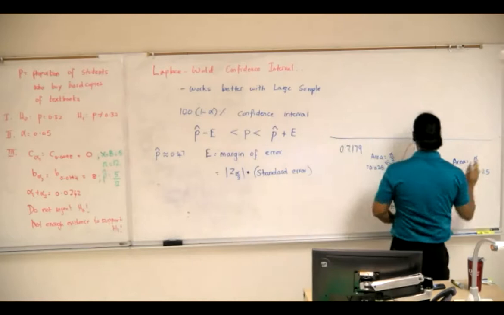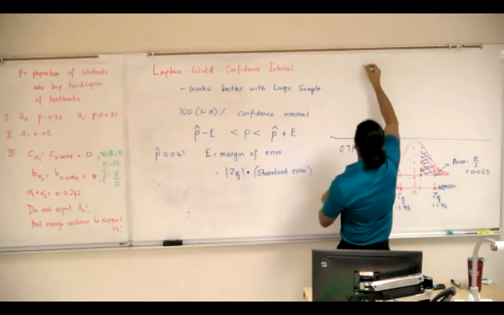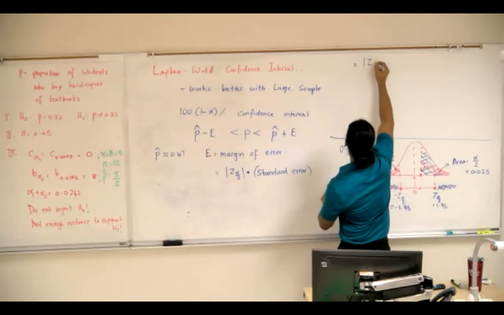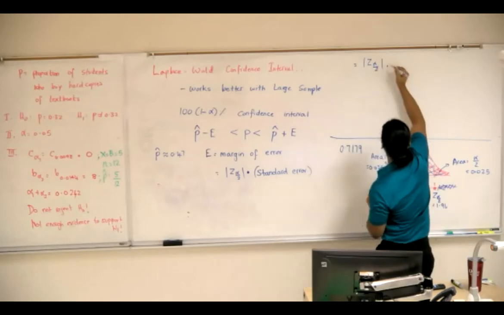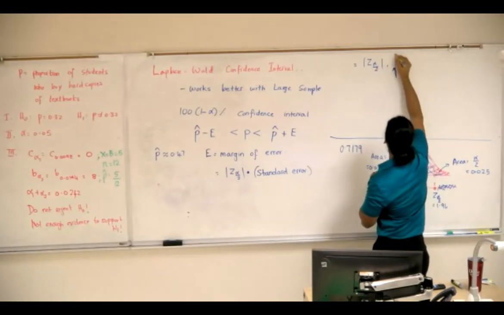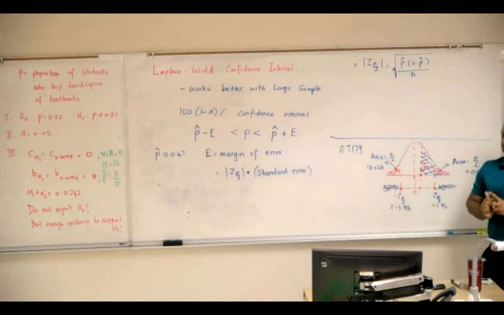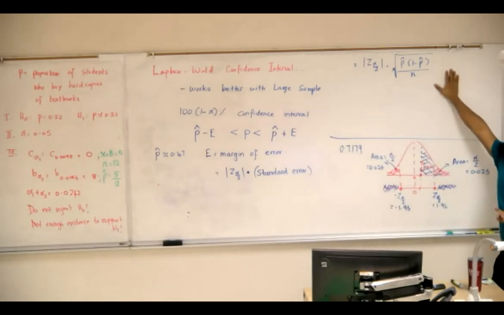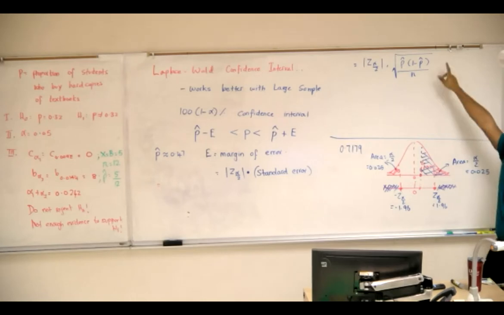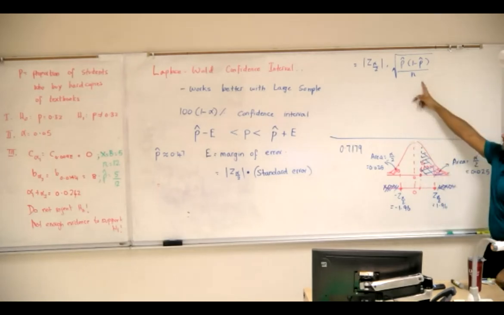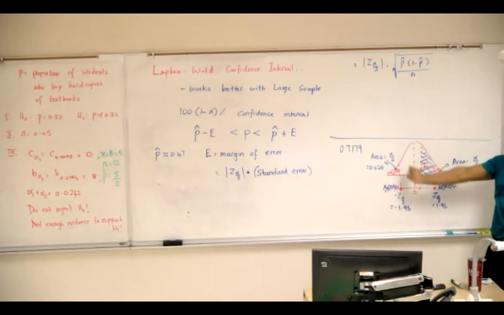So absolute value of z sub alpha over 2 multiplied by square root of p hat (1 minus p hat) over n. So that's how you find the margin of error. You don't have to memorize these, you get to have a cheat sheet on an exam, but do understand the concept. So critical value, standard error, and we know how to find this.